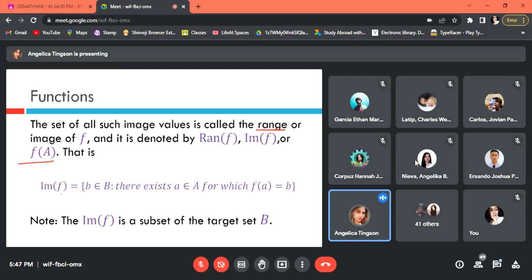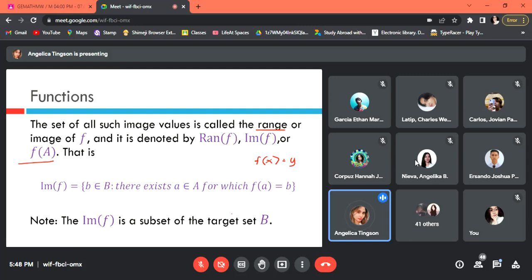So, image of F is equals to a set B, where B is an element of capital B, there exists A is an element of capital A, for which function of A is equals to B. So, kung dumaan kayo sa algebra, so, meron tayo na function of X is equals to Y. Okay? So, ganun lang siya, no? Kung i-convert natin siya into algebra. Okay? So, note that the image of F is a subset of the target set B.